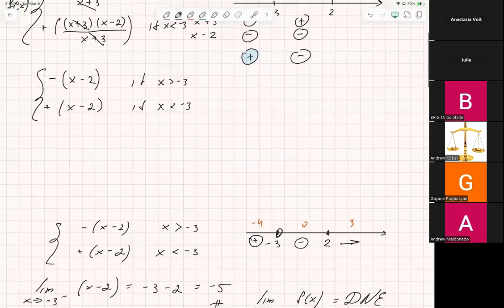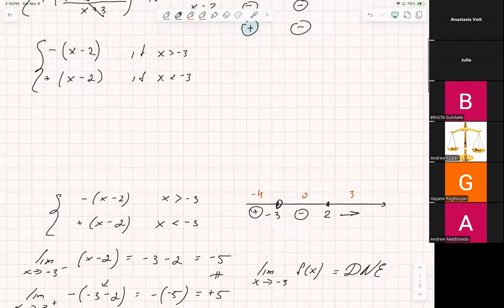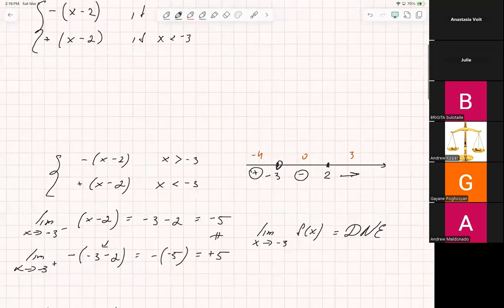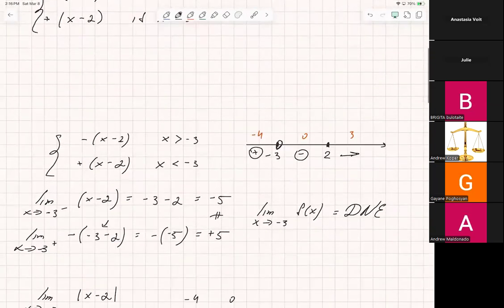Oh, sorry, it's not absolute value anymore. In any case, the limit does not exist because one is going to be positive and the other negative, or the other way around. Our limit will not exist in this case.